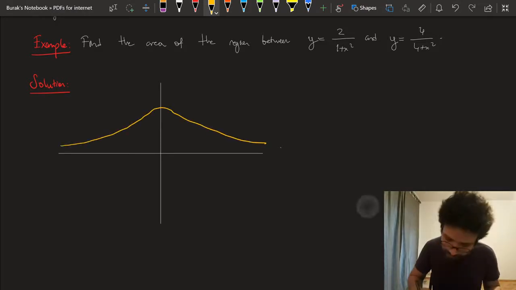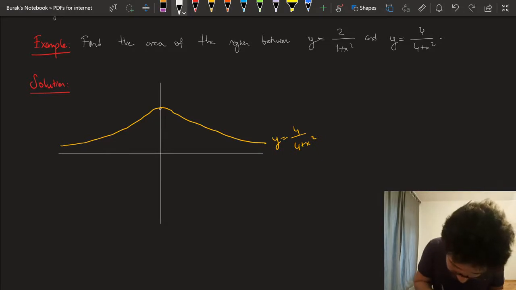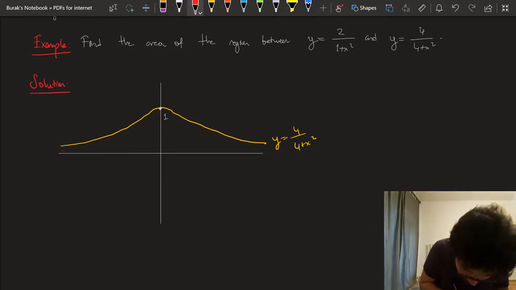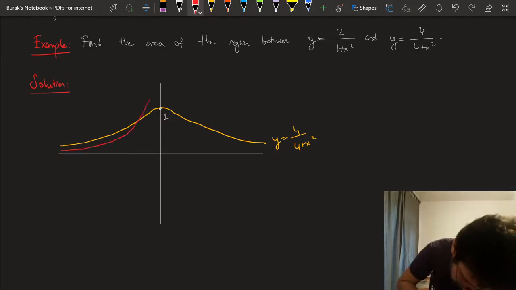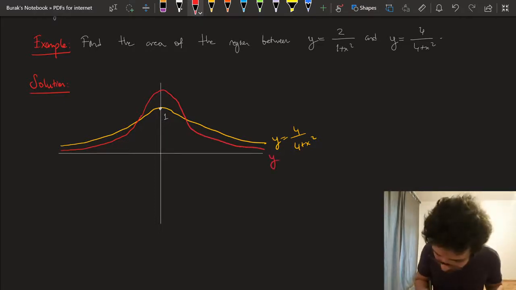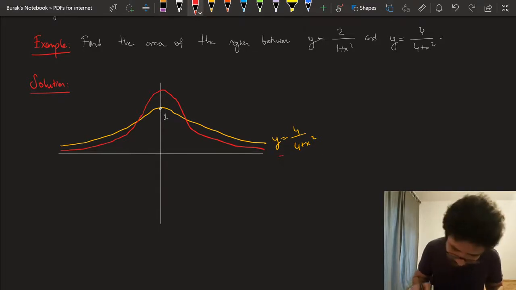It's going to look like this. This is how the graph of this function would look. And this is the point 1. The other one will look like this. So this is y equals 2 over 1 plus x squared.